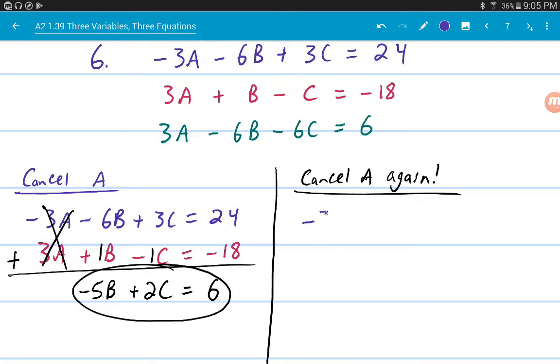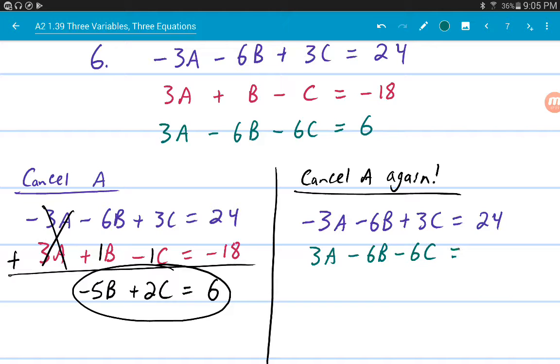So negative 3a minus 6b plus 3c is equal to 24. Green equation, 3a minus 6b minus 6c equals 6.